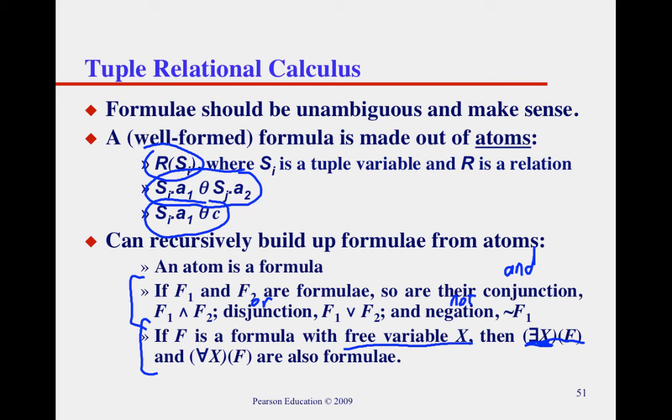They're either predicates, tuple variables, a combination of predicates using Boolean operators, or a binding of a predicate using there exists or for all. So there's really only 5 forms. It's pretty simple.